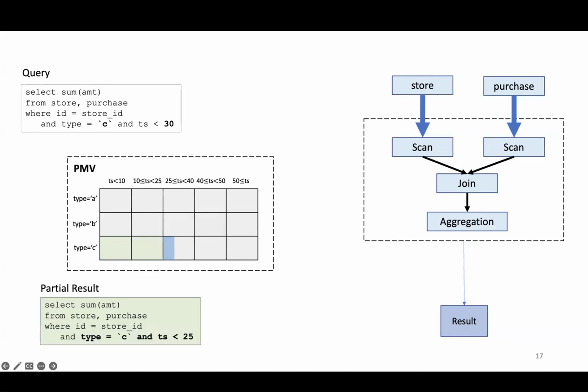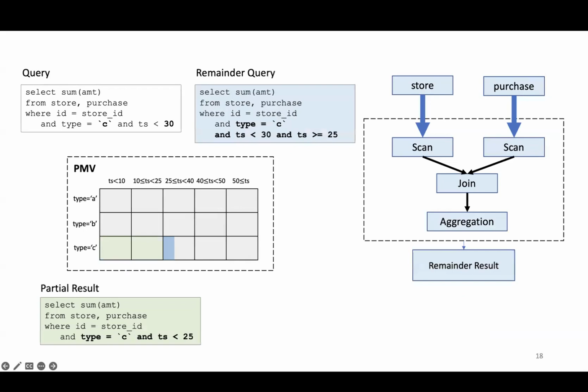Therefore, we extract the partial result from these two cells, which leaves us with a much smaller remainder query whose filter now excludes the data covered by the partial result. Now, executing the remainder query is much faster than executing the original query due to scanning, joining, and aggregating less data. And now finally, we merge the partial result with the remainder result.